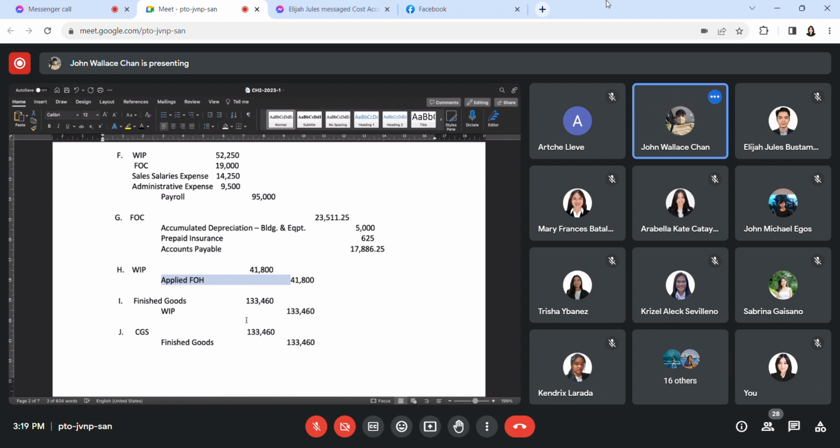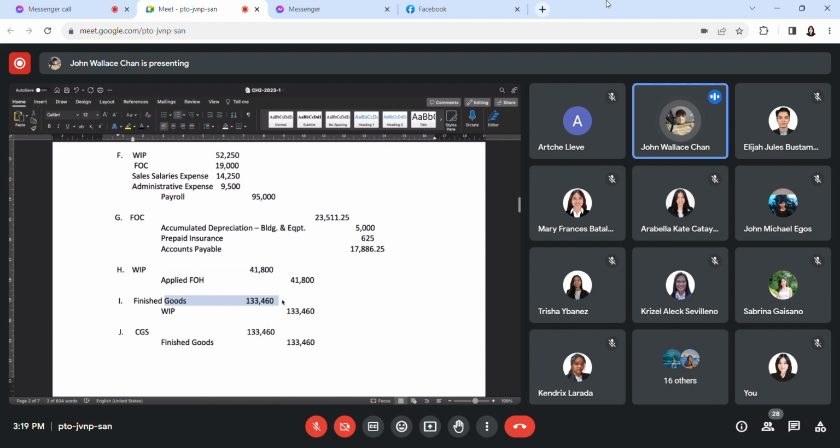So this value here, the 133,560 is like the balance of your job 1, 2, 3, 4 and your job 1, 2, 3, 5.